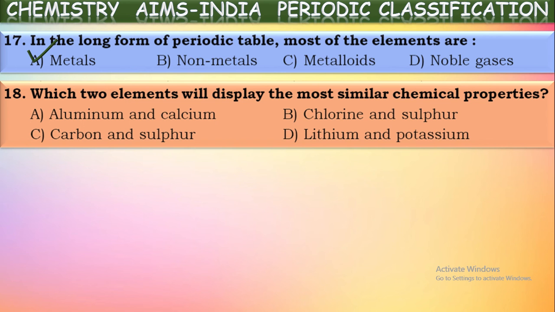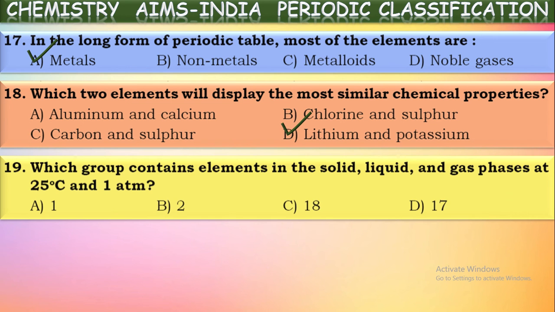Chlorine and sulfur, they also do not belong to the same group. Carbon and sulfur, they too do not. Lithium, sodium, potassium, these all are in the same group. So lithium and potassium will show similar chemical properties because they belong to the same group. Okay, lithium and potassium.